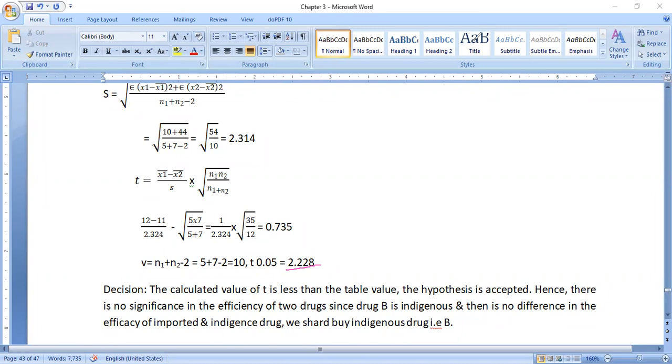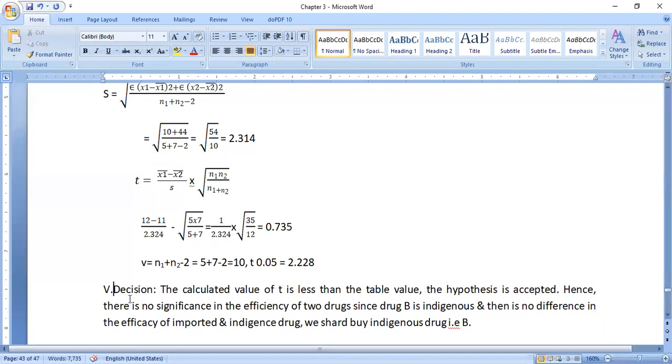Then observe the decision rule. After completion of that, we need to write the decision. Already we know how to write the decision here. The calculated value of t is less than the table value. The hypothesis is accepted. Hence, there is no significance in the efficacy of the two drugs, since drug B is indigenous and there is no difference in the efficacy of imported and indigenous drug.